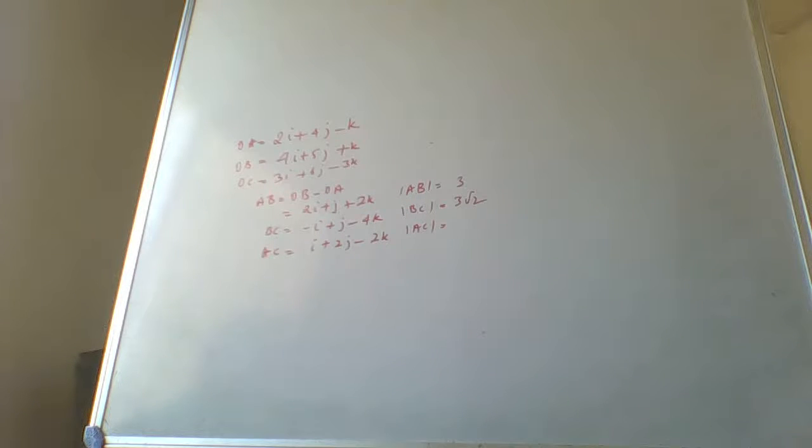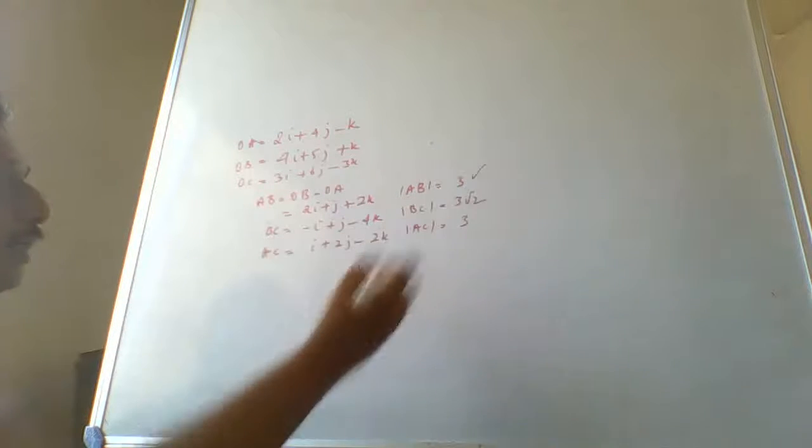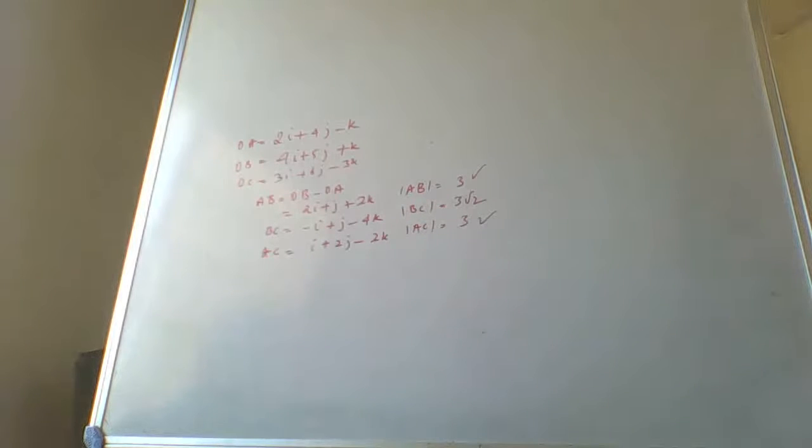And the mod of AC would be 1 square plus 2 square plus 2 square, that is 1 plus 4 plus 4, which is 9. This is 3 again. So I got these lengths or magnitudes.